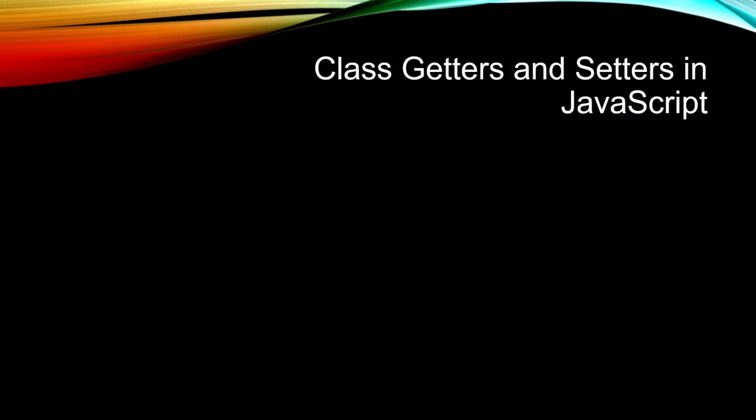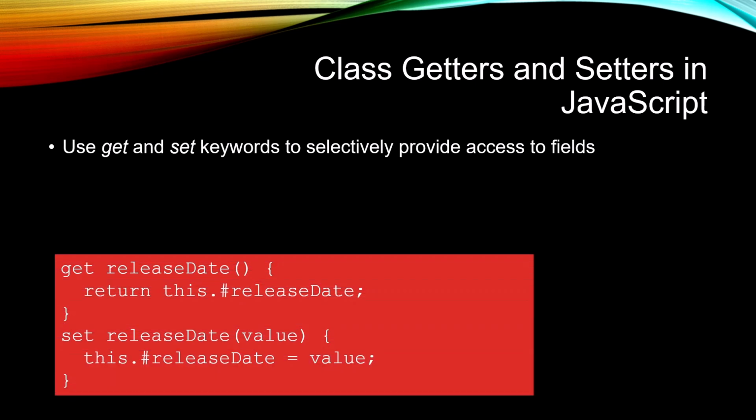Now, why might you use a private field like that inside of a class? Well, maybe you want to control access to that particular variable. To do this, we use the get and set keywords to selectively provide access to fields. So you can see here in this little code snippet I've got, get release date, return this dot pound sign release date. Now remember, this is going to go inside of the movie class, so I have access to the release date, and I'm using a property getter to return that information.